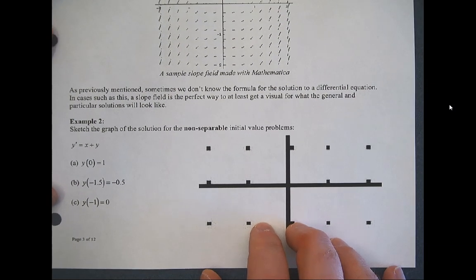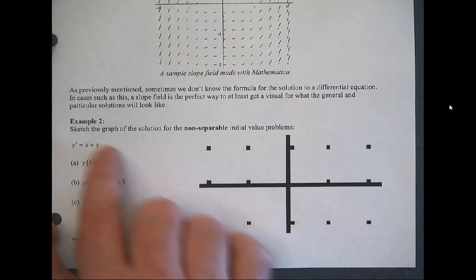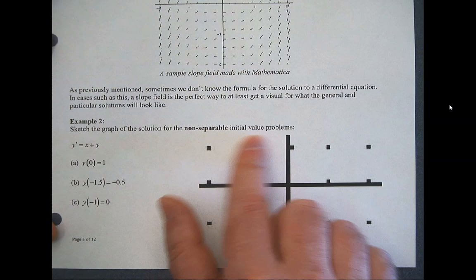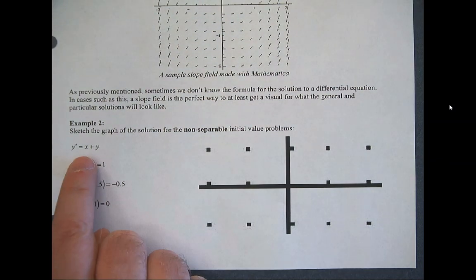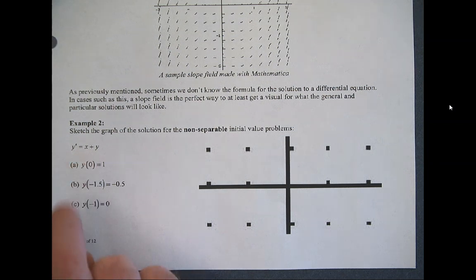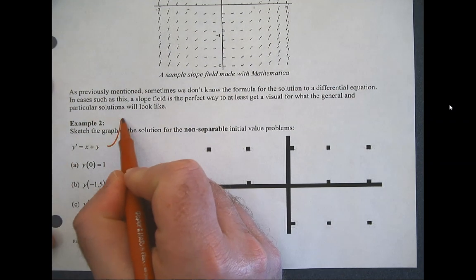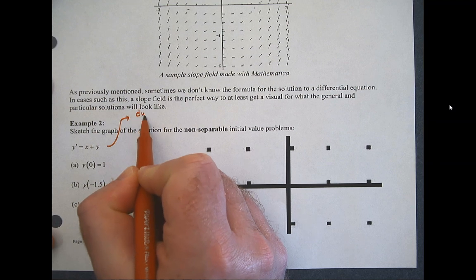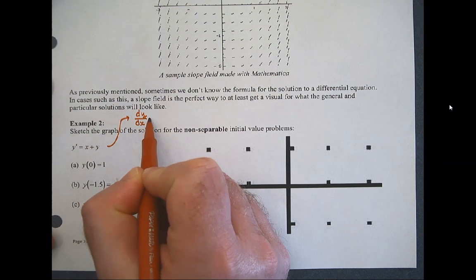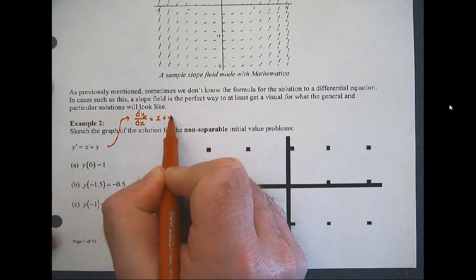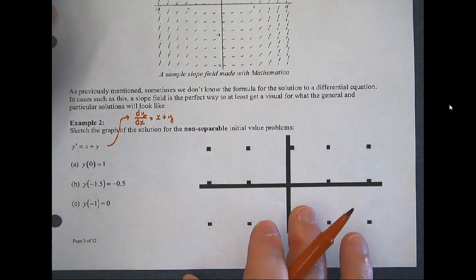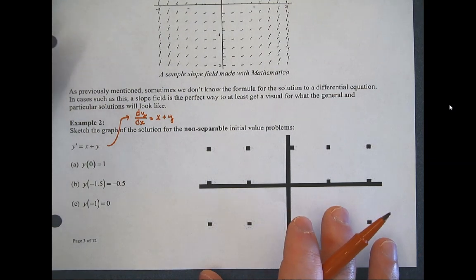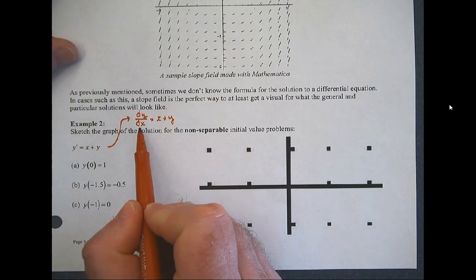All right, so sketch the graph of the non-separable initial value problems. Here's our function. Let's just prove that we couldn't solve this algebraically. This is basically saying dy/dx equals x plus y. Well, I want to get all the y stuff on one side and the dx stuff on the other side, but I can't have it both ways.